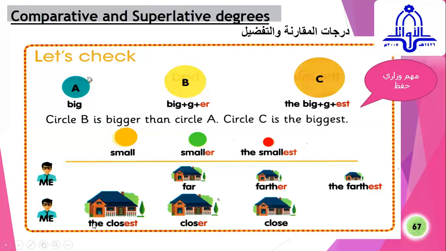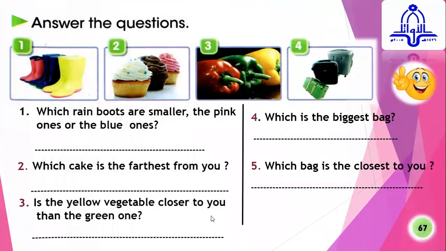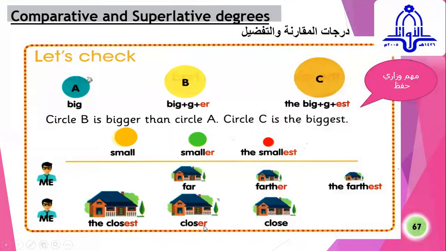But this one is the closest. ولكن هذا البيت هو الأقرب بالنسبة لي according to me. So according to me, this is close, but this one is closer. هذا أقرب. ولكن this one is the closest. This one is the closest. يعني هذا هو الأقرب. So again, by adding ER to the comparative or EST to the superlative.